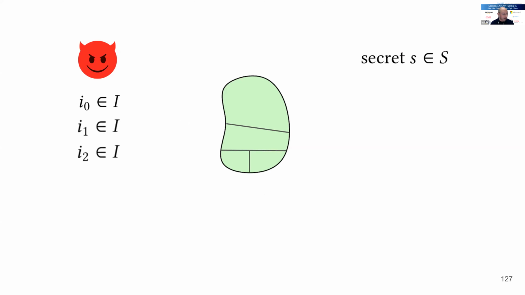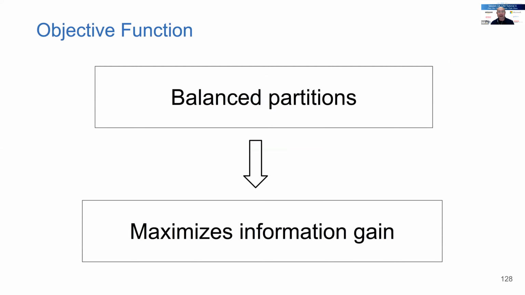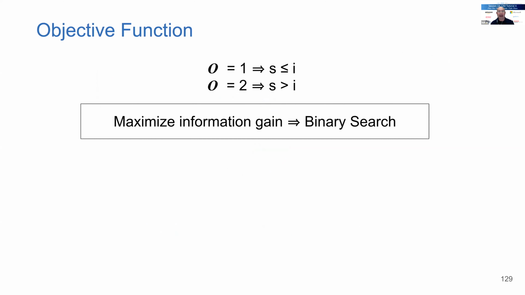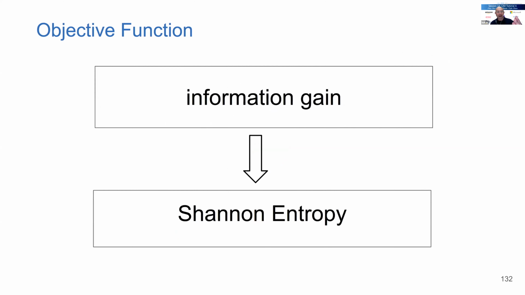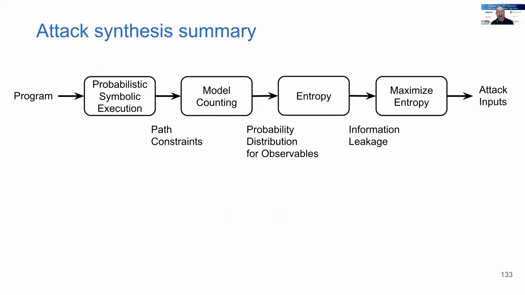Interestingly, balanced partitions correspond to maximizing the information gain, and maximizing information gain leads to binary search. So it turns out, if you maximize the information gain, you get the optimal search. Information gain is modeled with Shannon entropy. So if you maximize the information gain, you get the best attacks, right?